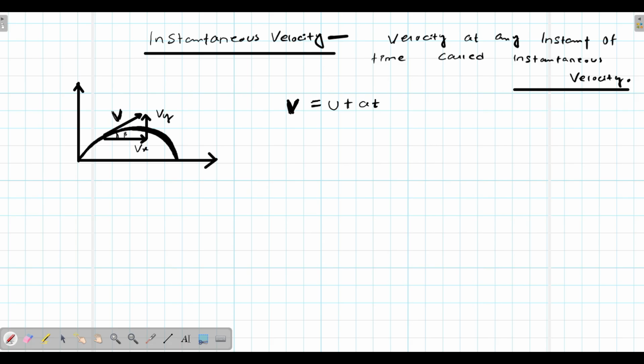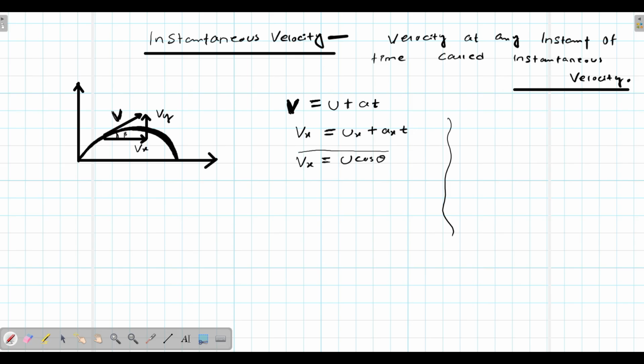Vx equals to how much? Vx equals ux plus ax into t. Ux is u cos theta, so Vx is u cos theta.